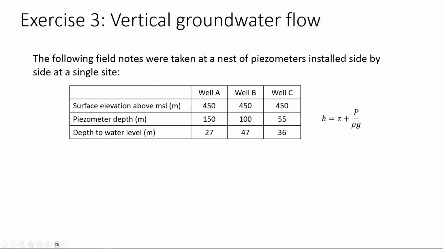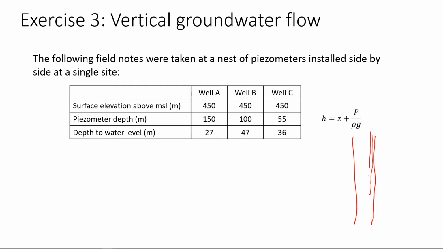In the field, a nested piezometer is installed side by side at a single site. These are small pipes or tubes, and they could all be installed in the same casing at different depths.